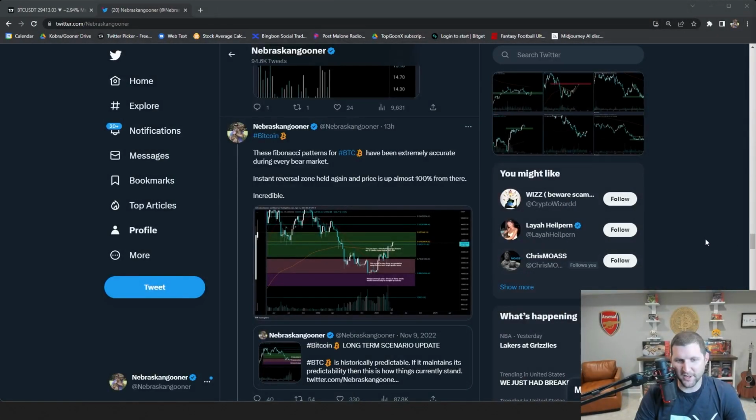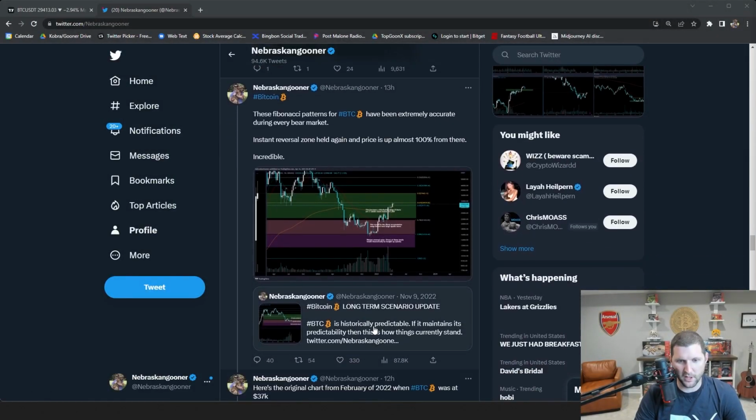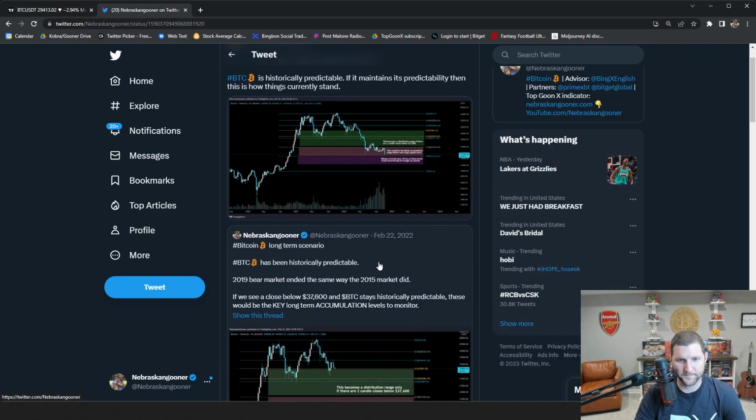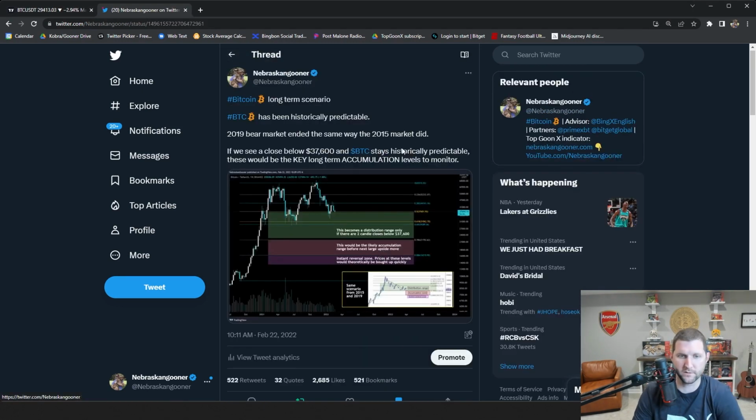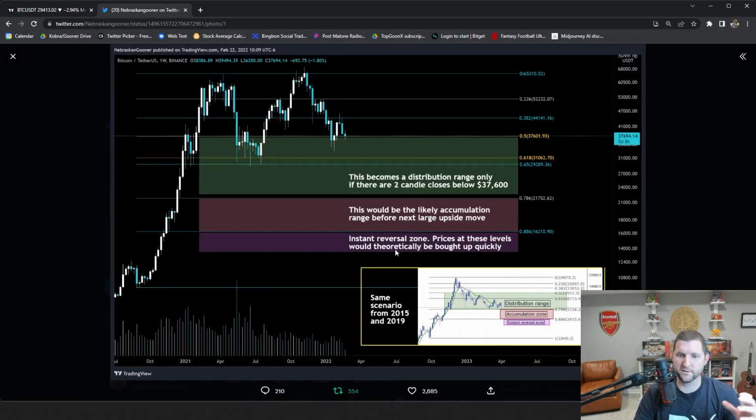All right, so let's jump into where I kind of thought about this theory. I'm sure a lot of you have seen my chart from February of 2022, so over a year ago, that was talking about fib levels and the instant reversal zone for Bitcoin, levels to look for in the bear market. And of course, this instant reversal zone held perfectly.